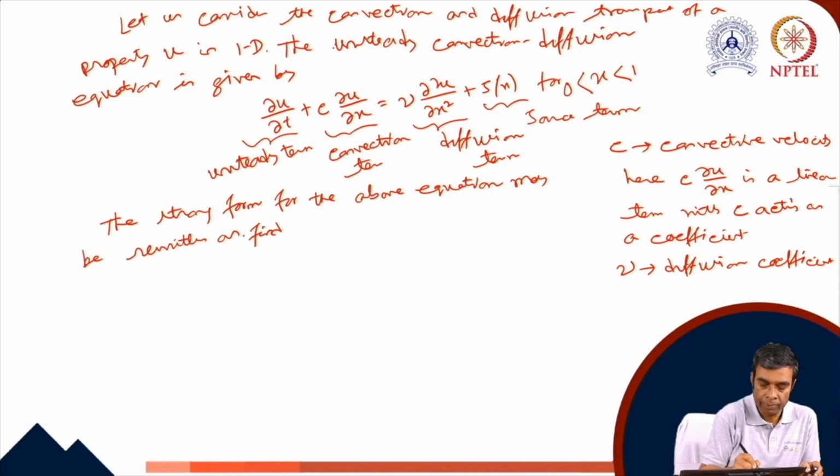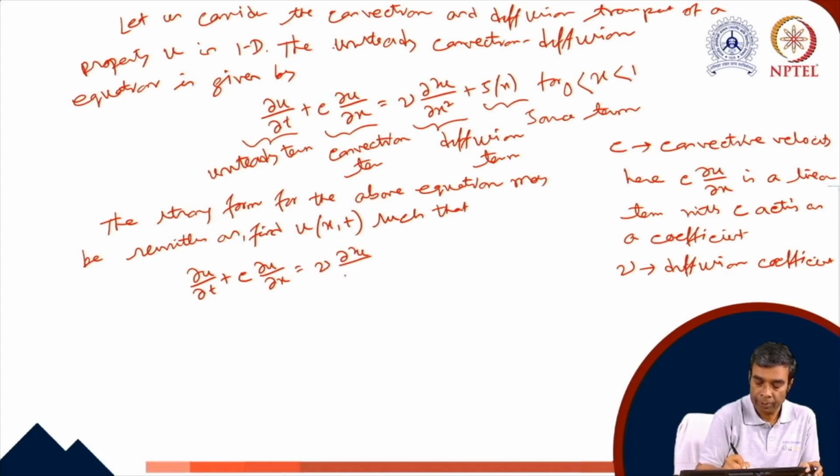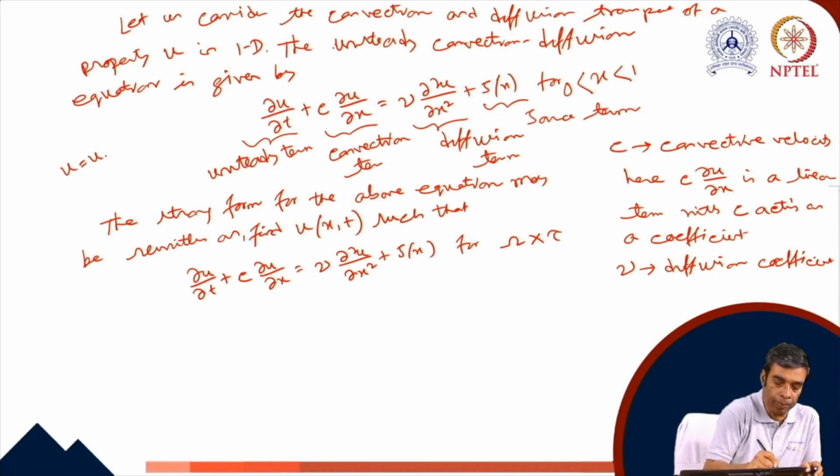Find U, the degree of freedom, such that del u del t plus c del u del x equals to nu del 2u del x2 plus s of x, for omega into the time domain. Here u is a function of both space and time.